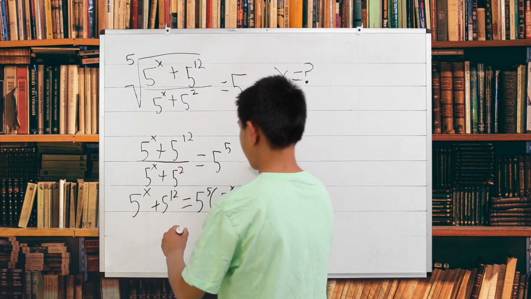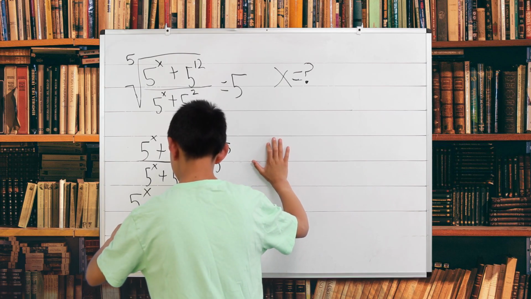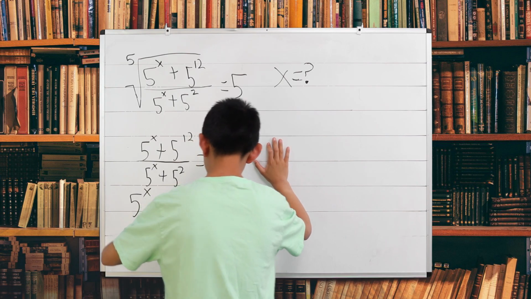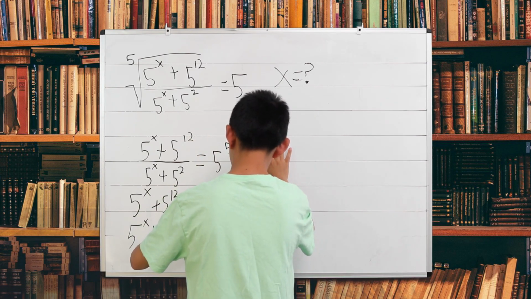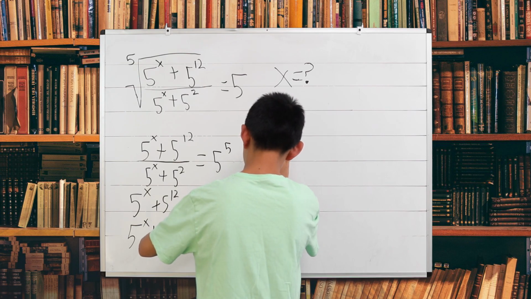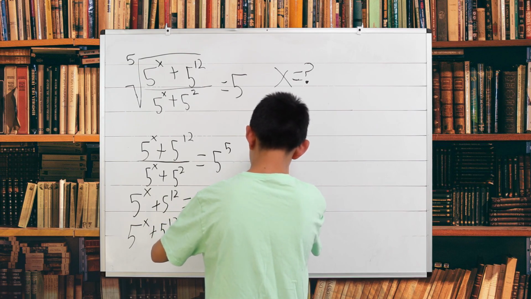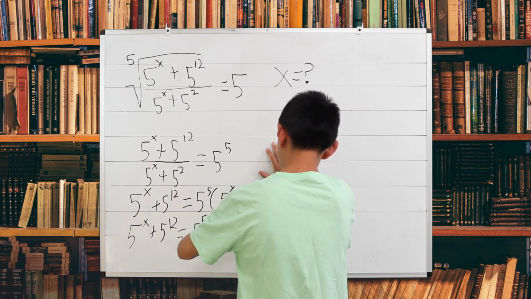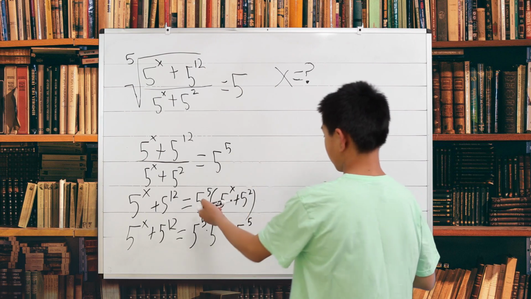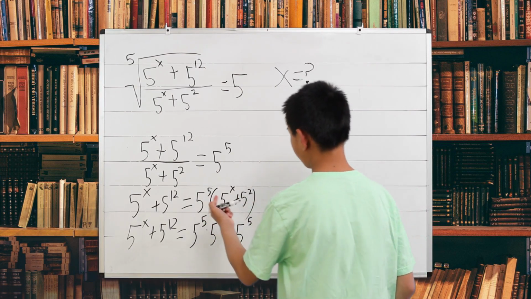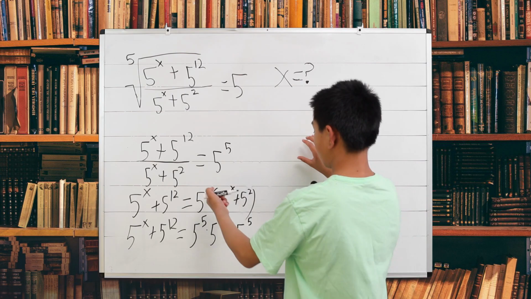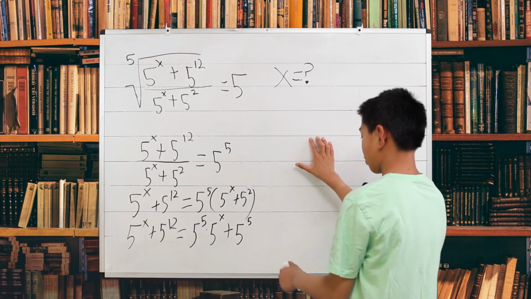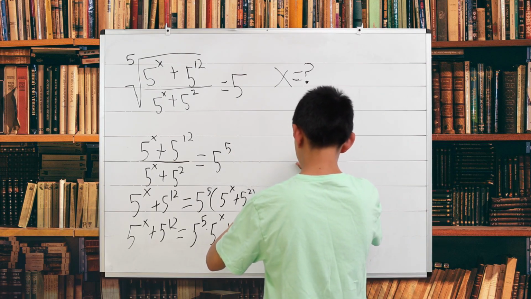On the left-hand side, it's still 5 to the power of x plus 5 to the power of 12 is equal to 5 to the power of 5 times 5 to the power of x, now I'm just multiplying it in, plus 5 to the power of 5 times 5 squared. Since they have the same bottom and we're multiplying them, the powers are really just being added. So the last term here is really just 5 plus 2, or 7.